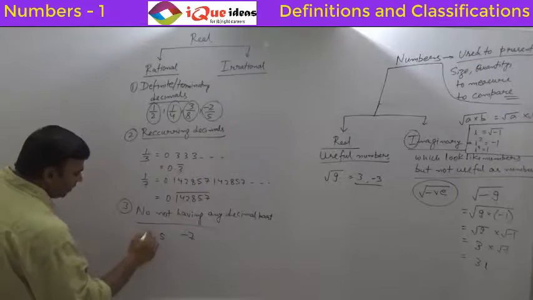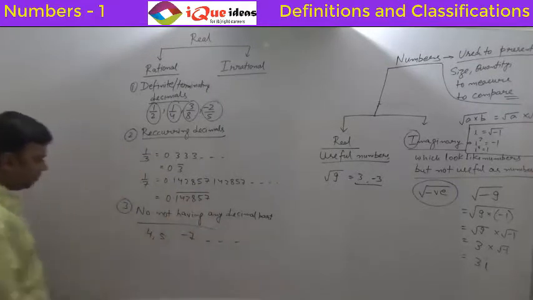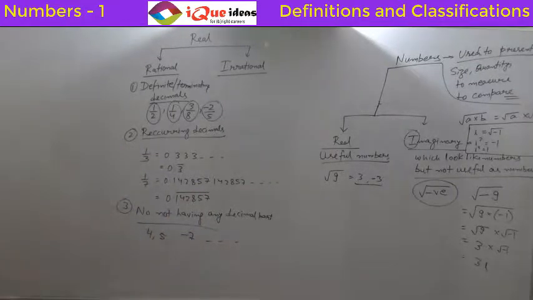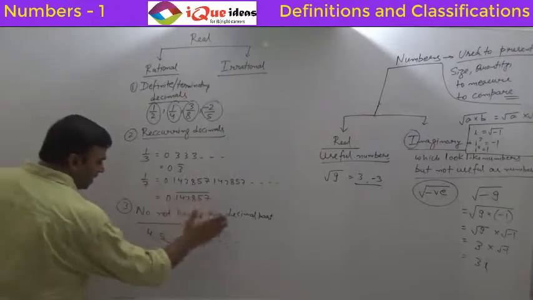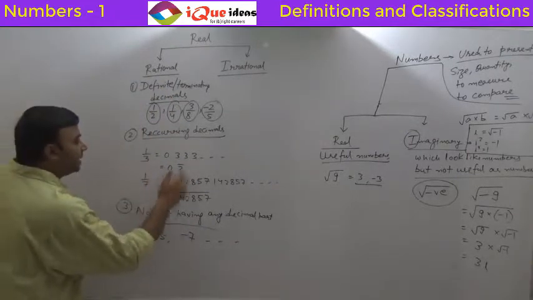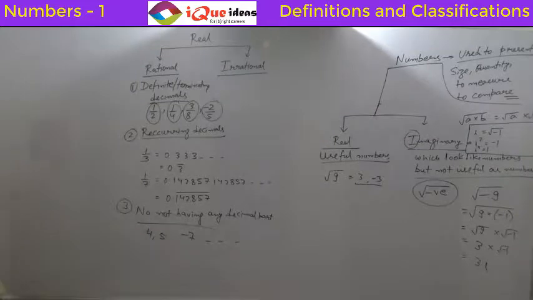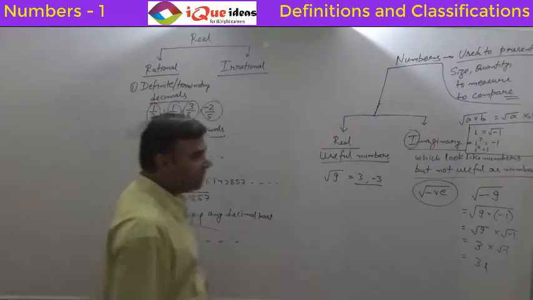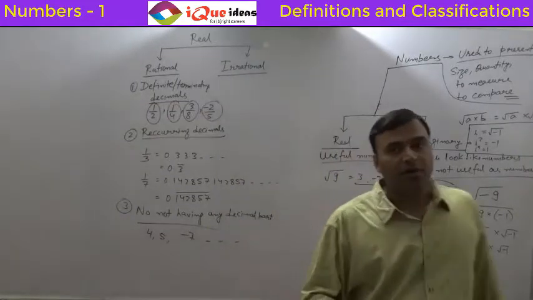You can also call them full numbers, complete numbers. We have certain names for these also, but we'll talk about them later. So numbers not having any decimal, numbers having a terminating decimal, or numbers having a decimal in which the pattern can be identified, they are all rational numbers.